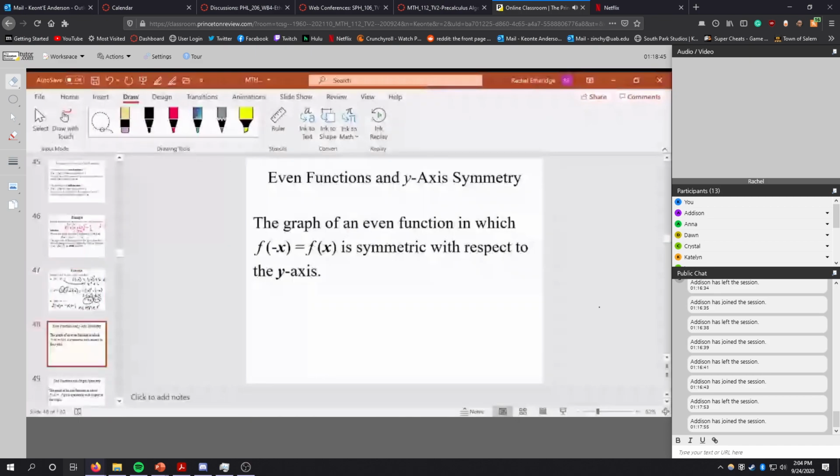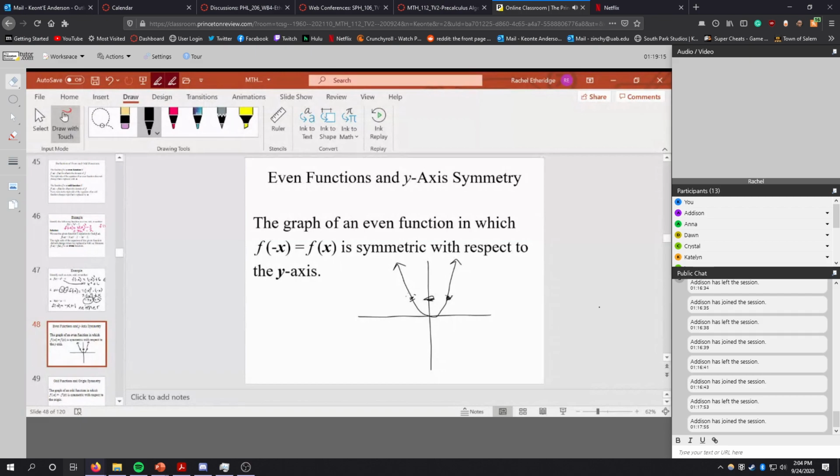So even functions are symmetrical about the y-axis, and I showed you y equals x squared, how it was symmetrical. What it means is the side on the left is a mirror image of the side on the right. So you could reflect these points over and you're going to get an opposite x value, but the same y value.